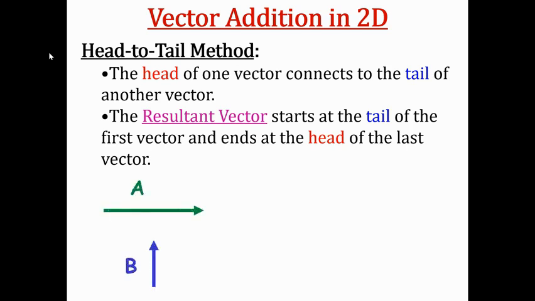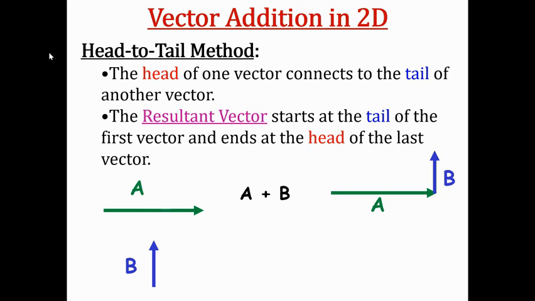So let's say we have 2 vectors to add together here, vector A and vector B. First, we would need to arrange these vectors head to tail, so that the tail of vector B is connected to the head of vector A. Notice we have not changed the length or direction of either of these vectors, A or B. It's almost like you're picking up the arrow and placing it down in a different location, maintaining its size and direction while doing so.